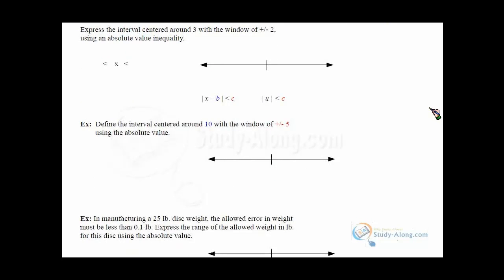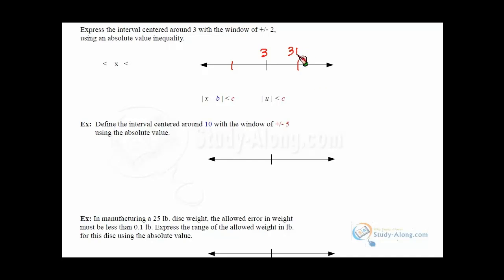Express the interval centered around 3 with a window of plus or minus 2, using an absolute value inequality. Okay, let's just build it from the ground up, using that statement. Express the interval centered around 3. So we know it's centered around 3, with the window of plus or minus 2. So plus 2 is what?